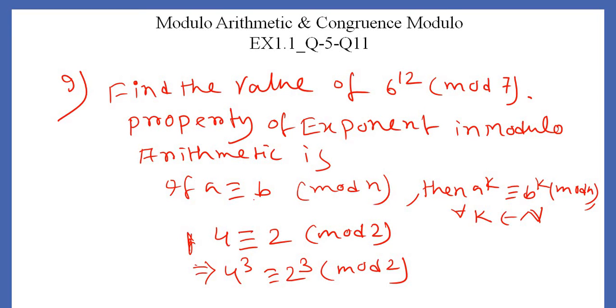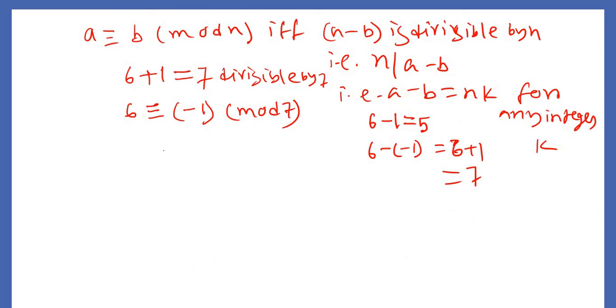Here we can apply the property of exponent in modular arithmetic, which will help us solve it very easily. Here the power is 12, and since 12 is a positive integer, belonging to the natural number set, we can take the power 12 on both sides.